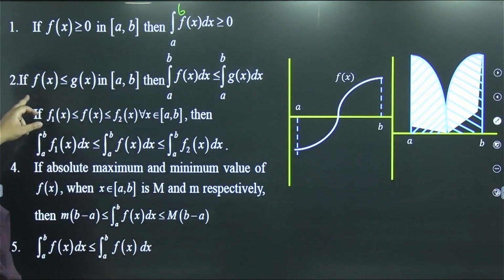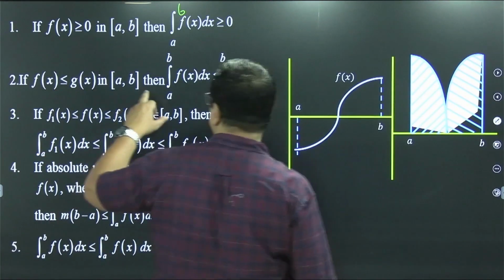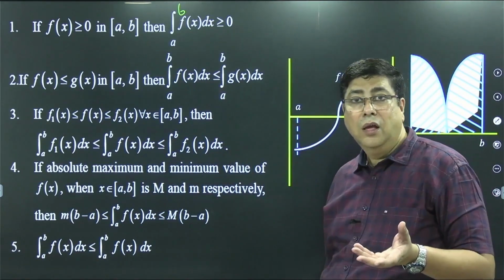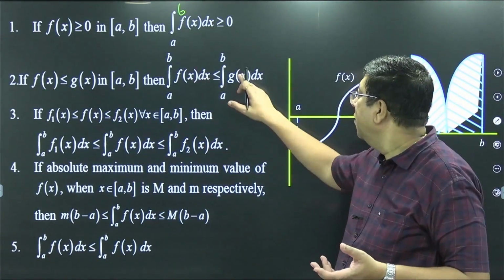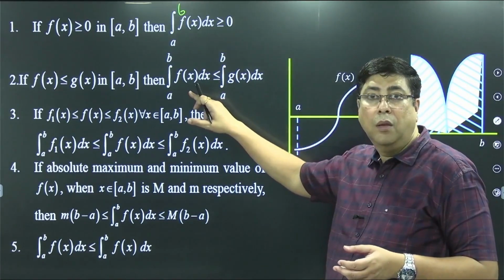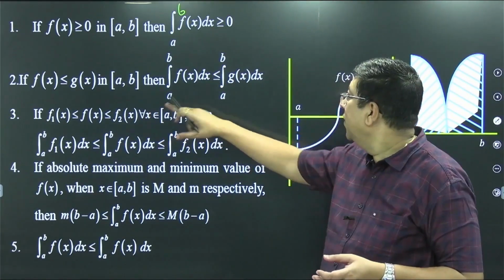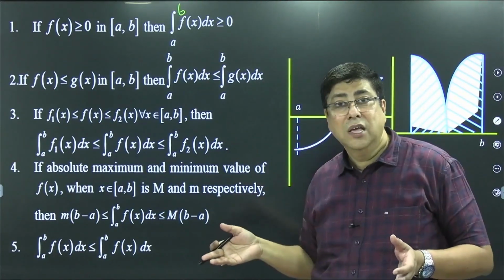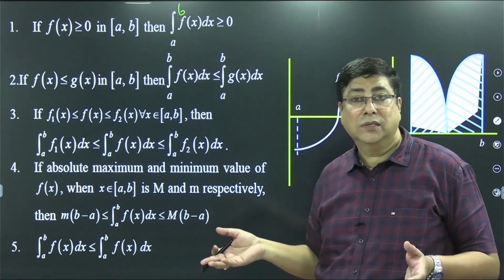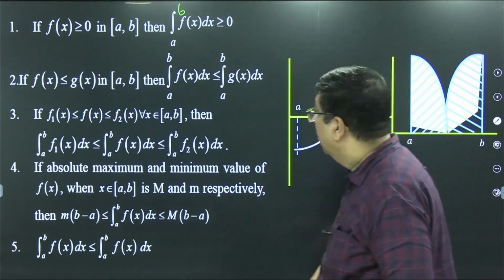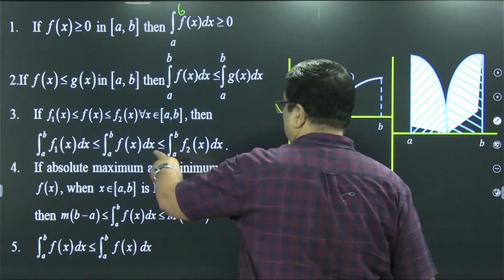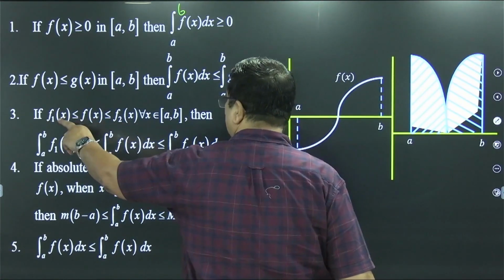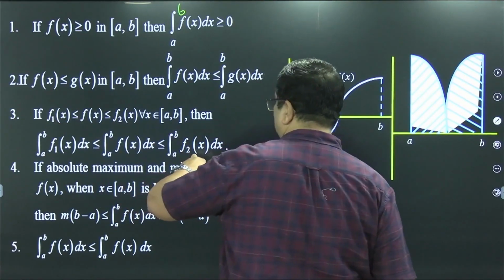Now if f(x) is less than or equal to g(x), then the integration is nothing but the area, over the same interval. So if g(x) is greater than f(x), then over the same interval the area of g(x) is greater than the area of f(x). Next, number 3, same type of thing: if f2(x) is greater than f(x) greater than f1(x), then over a to b we apply the same thing.